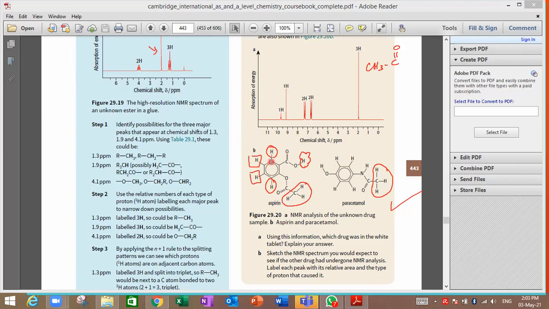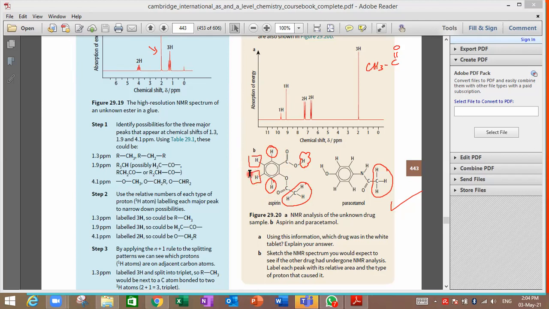This hydrogen is bonded to a carbon that is bonded to C double bond O, but this hydrogen is bonded to a carbon that is bonded to CO, direct CO, not C double bond O. So this environment differs from that one. But these 2 hydrogens are equivalent. They are in the same environment.